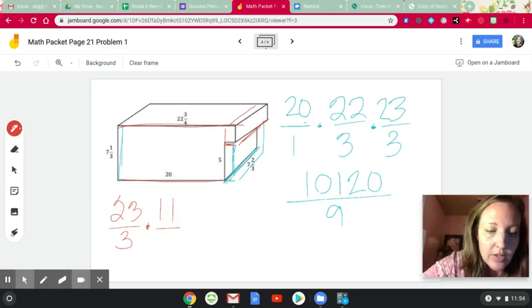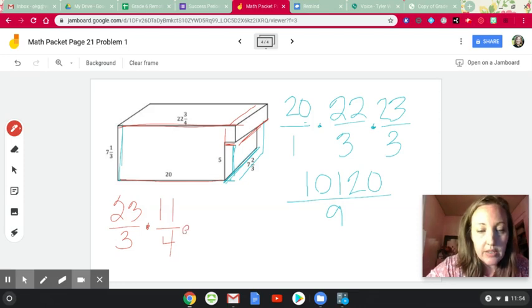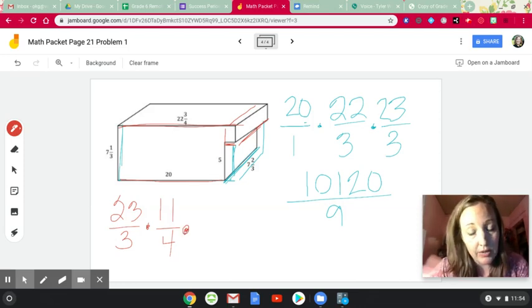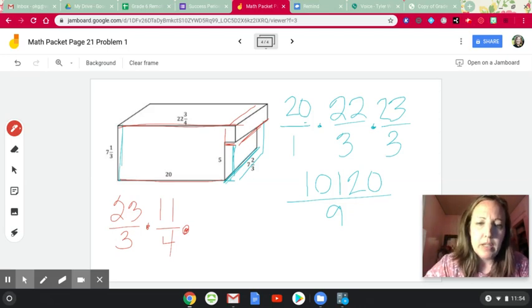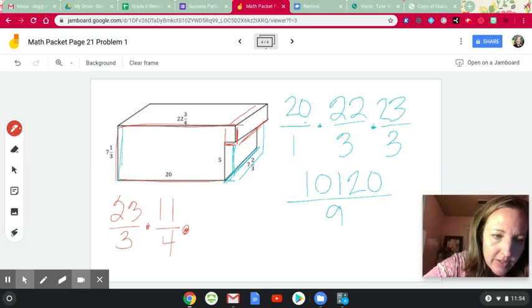Now, you can imagine if I use decimals, I could multiply with decimals. There's lots of ways, right? This is not the only way to do this problem. And I again could punch every single thing in my calculator. Let's just look at it this way. The height of this little box is 7 1/3 minus 5, right?